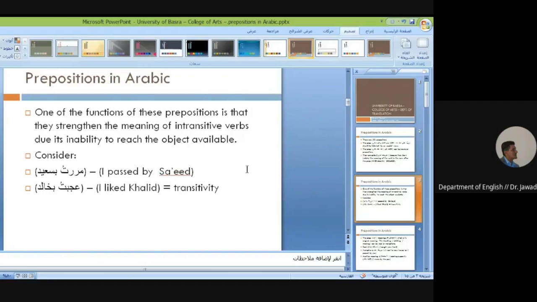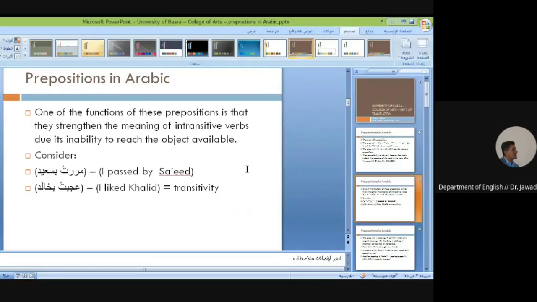Of course, in Arabic, these prepositions have jobs to do. They have functions to do. One of the basic functions of these prepositions is that they strengthen the meaning of intransitive verbs due to their inability to reach the object.